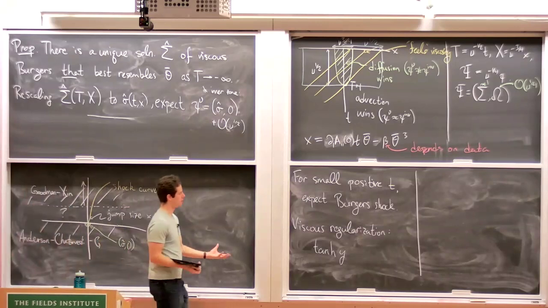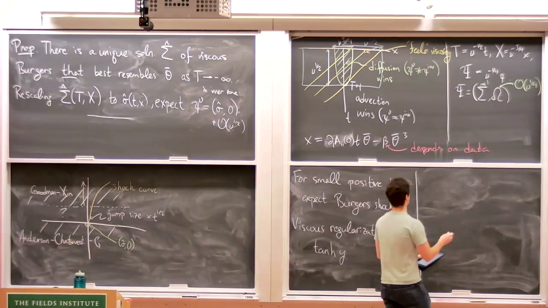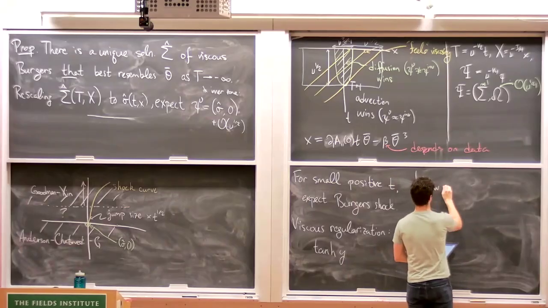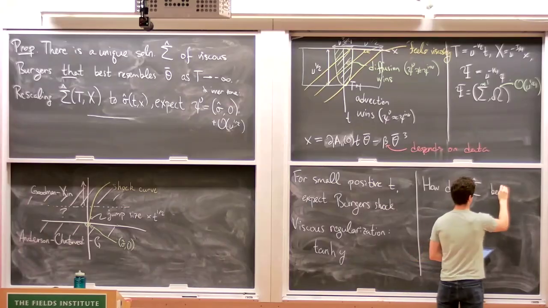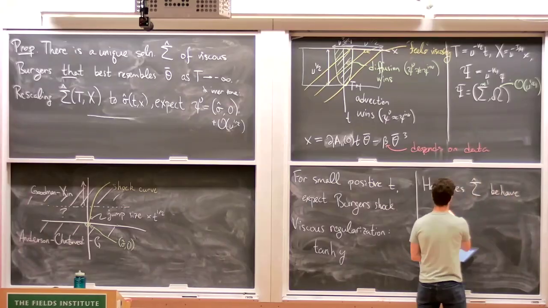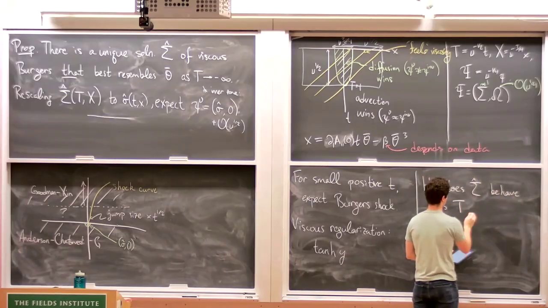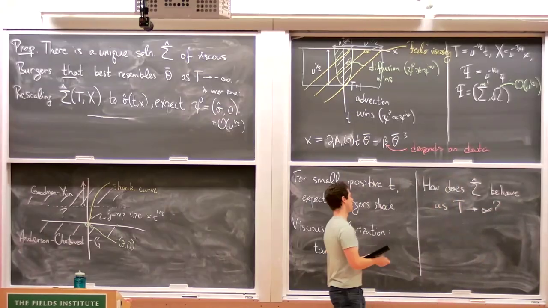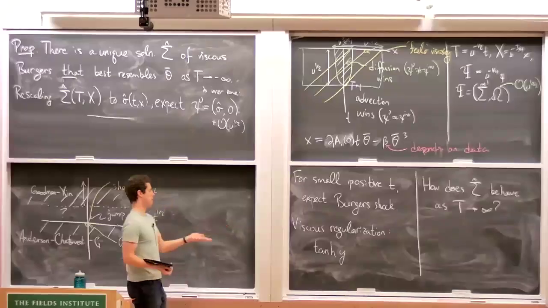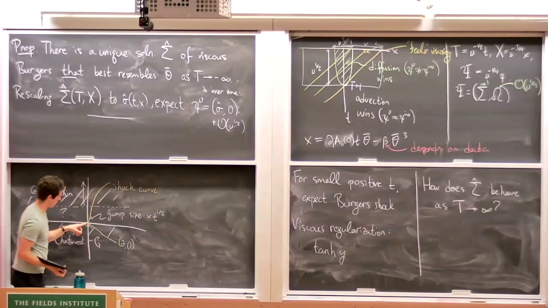So on the other hand, we have this sigma hat to work with. How does sigma hat behave as the inner time parameter goes to positive infinity? That would correspond to moving out of the origin toward macroscopic timescales.